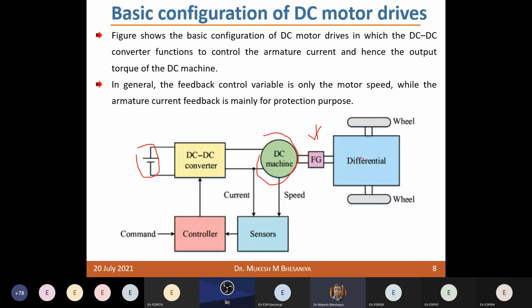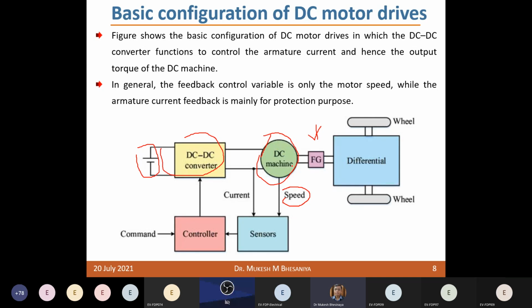In the drive application, the DC motor is fed from the DC-DC converter. You have a controller and some sensors, mainly sensing the speed and the current. The speed generally serves as a reference for the operation of a DC motor.